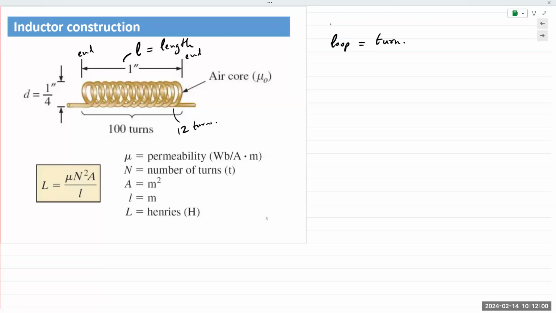And A is the cross-sectional area of each loop. The assumption, of course, is that the inductor is wound around a magnetic material, right? Typically, there is some sort of magnetic material within each loop. So A is the cross-sectional area of that spiral coil.